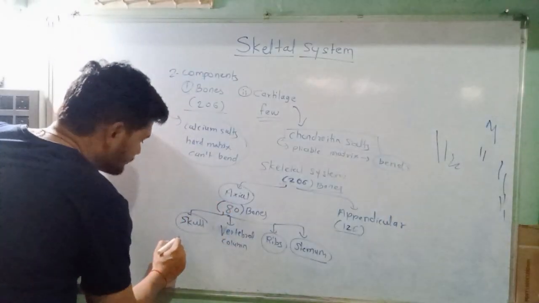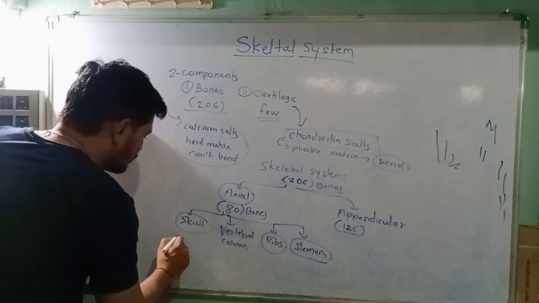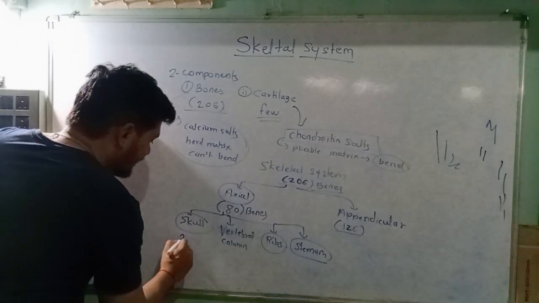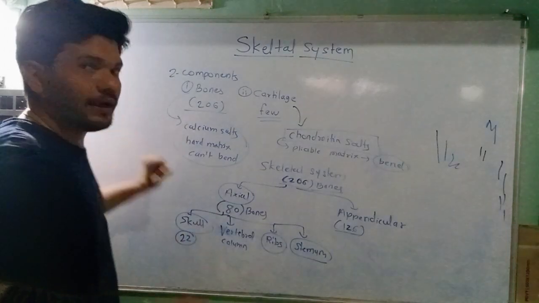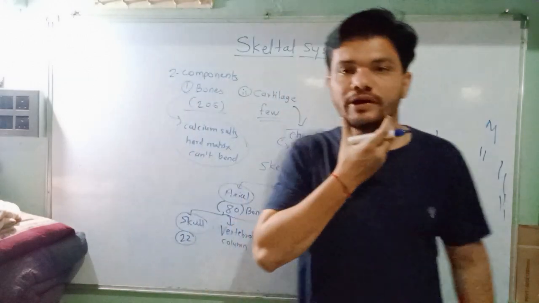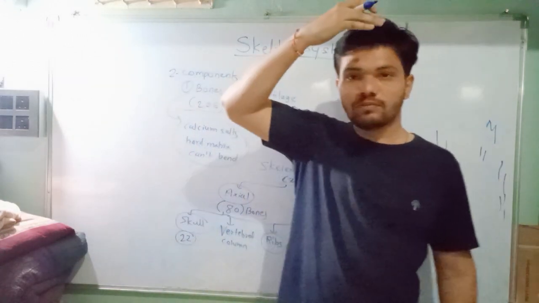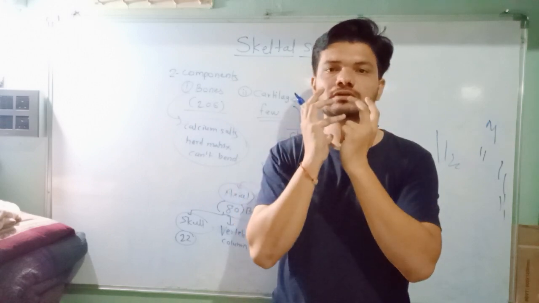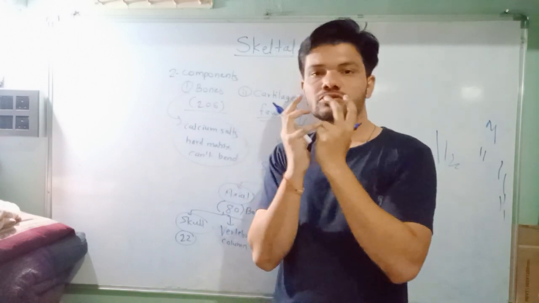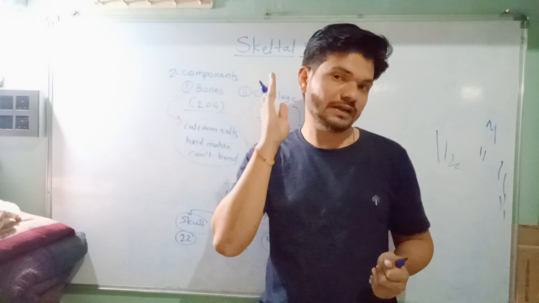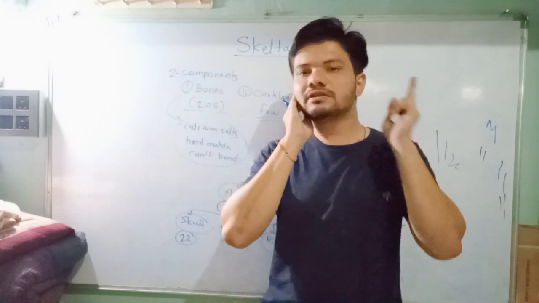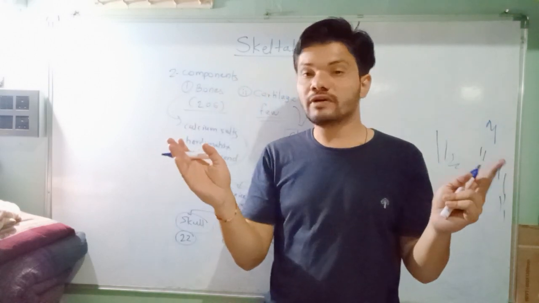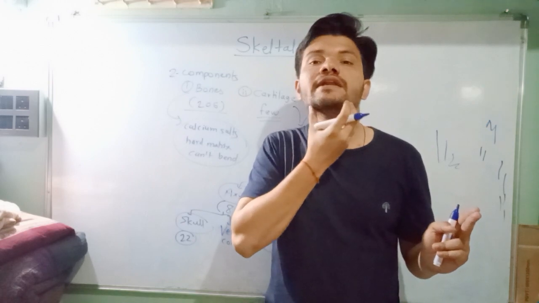Your skull has, actually in NCERT it is given 22 bones excluding ear ossicles and hyoid. So there are 8 bones in your cranium and 14 bones in your facial skull. So total 22. But there are 3 bones in each ear ossicle set, 3 bones here, which means total 28. And this is the 29th bone.